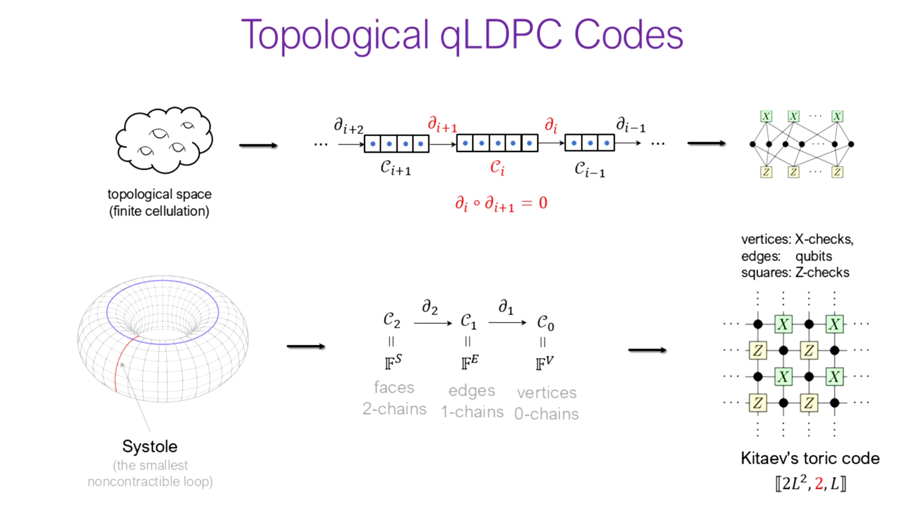If we consider an L by L lattice, the minimum distance is equal to L, and the length of the code is equal to 2 times L squared. The dimension is equal to the homology, so it's equal to 2. Unfortunately, it doesn't grow with the size of the lattice.